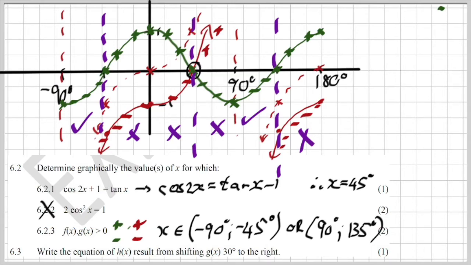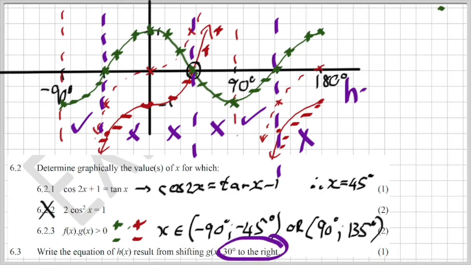Now, last but not least, 6.3. Write the equation of h(x), the result from shifting g(x) 30 degrees to the right.